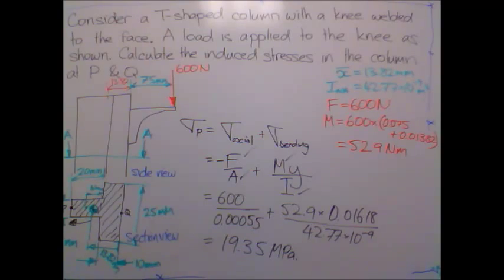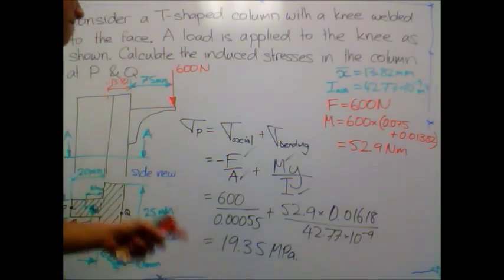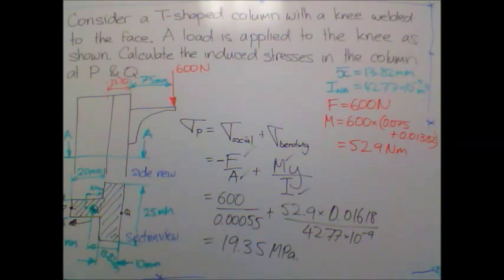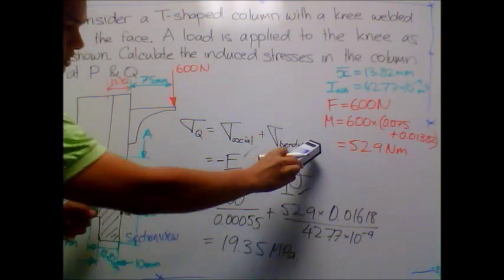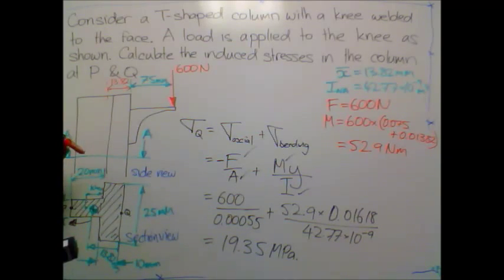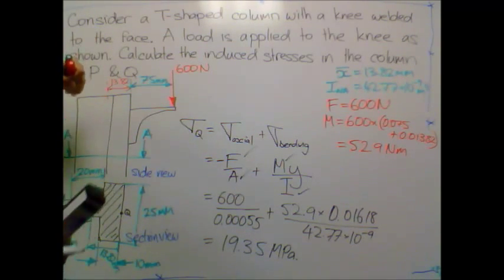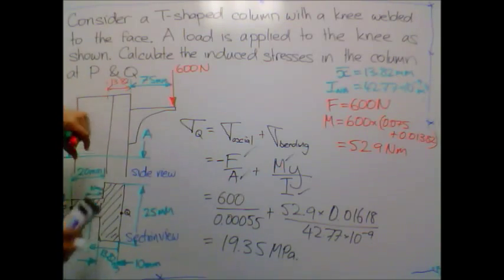Okay, cool. I can also determine the value for the stress at Q. So my stress at Q will be equal to my stress due to axial load plus my stress due to bending. At Q, the bending moment is going to be in compression both because of the direct axial load and also because of the bending.